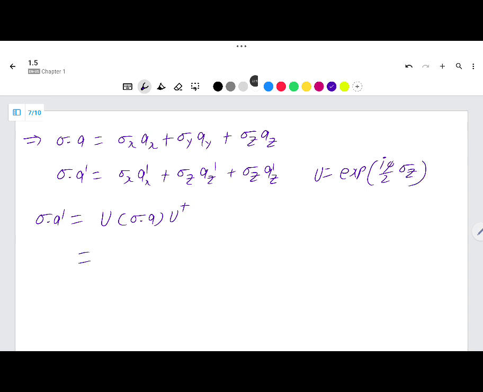So we will have terms like U sigma x a_x U dagger plus U sigma y a_y U dagger, and so we need to find these terms.